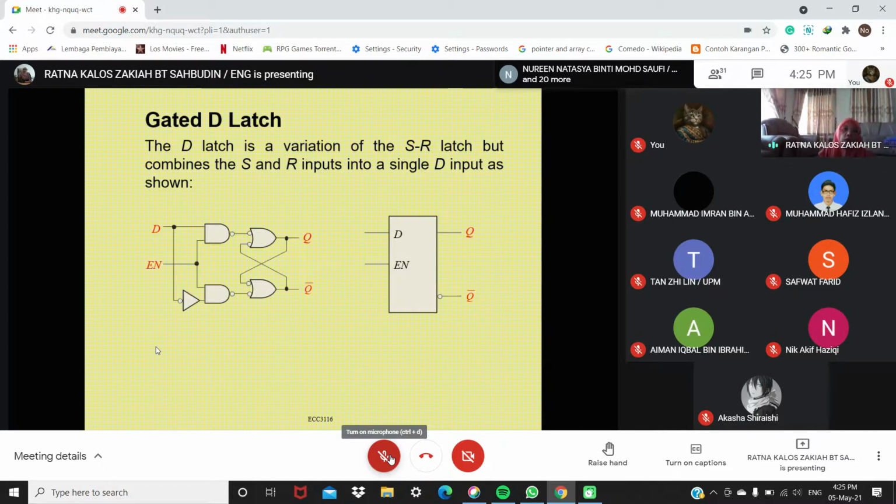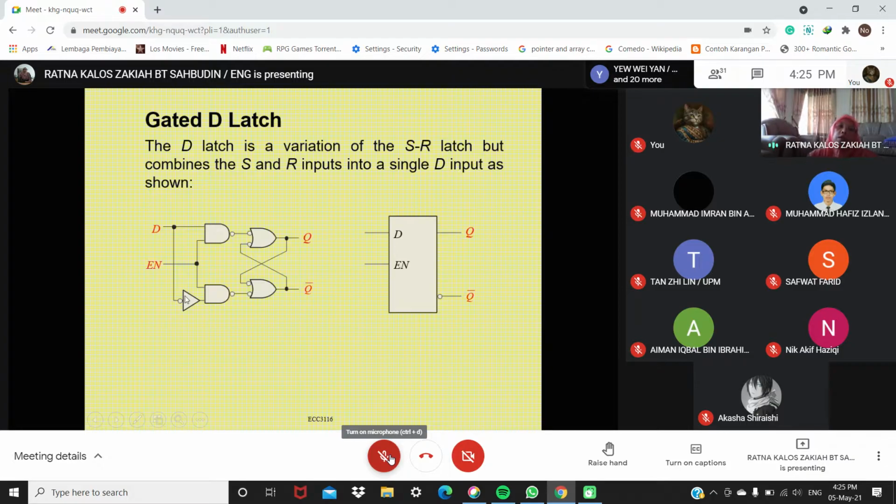Now gated D latch. The D latch is a variation of the SR latch but combines the S and R inputs into a single D input as shown. If you look at this circuit, it's the same as SR, but now you connect the S here to the other NAND gate here, but you have a NOT gate here.